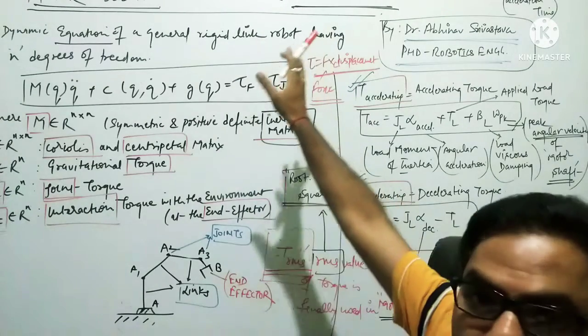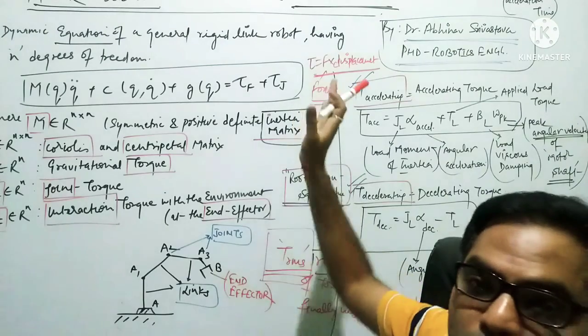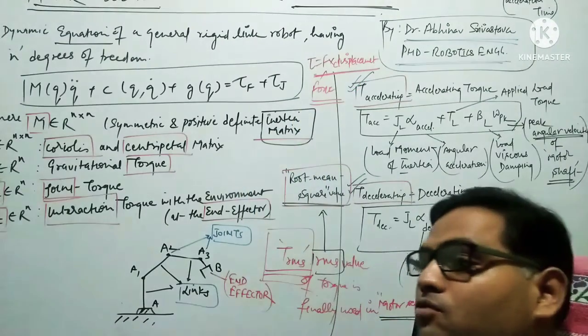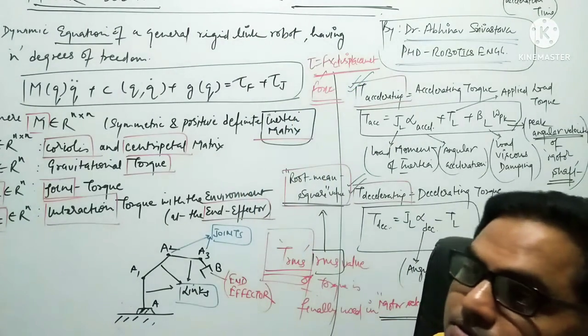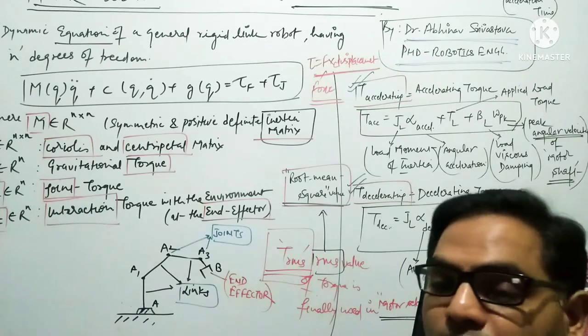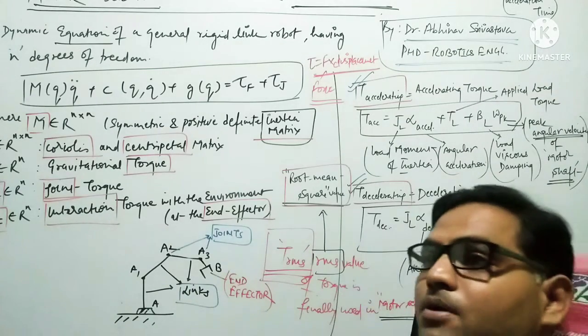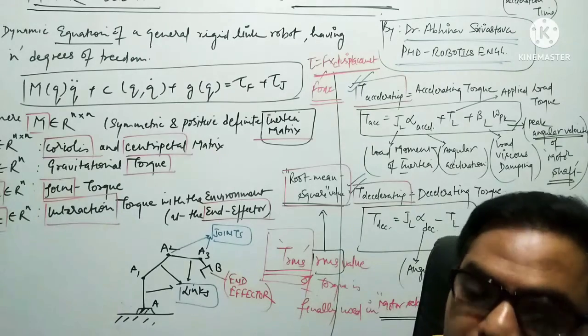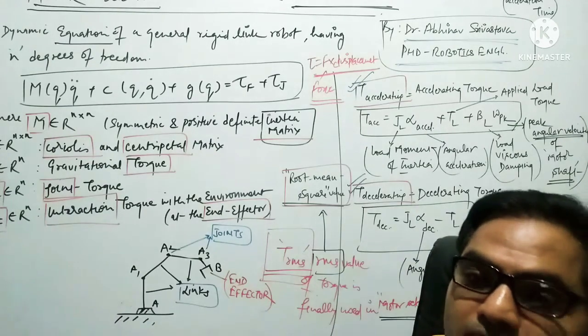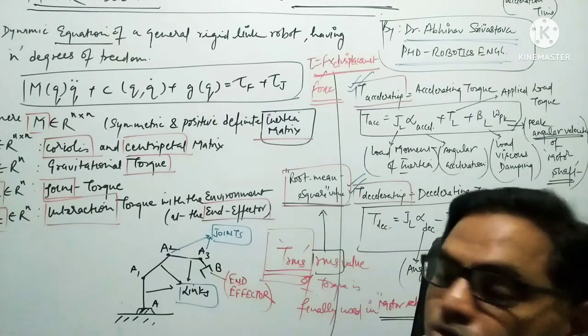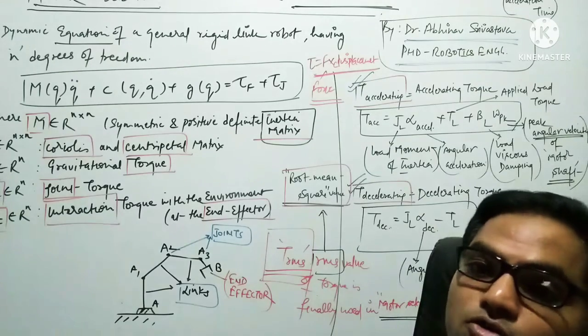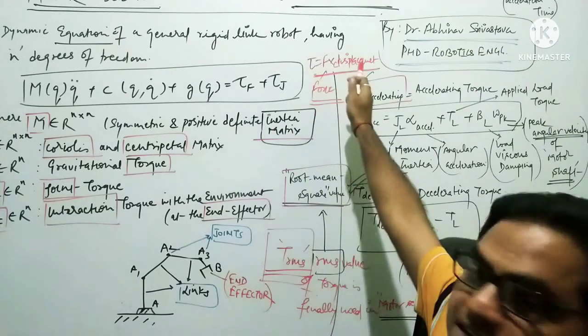So these equations are formulated for the calculation of torque, and I have discussed why torque is of so much importance, because torque contains all the things that effectively constitute the working of the robot, both force and displacement.